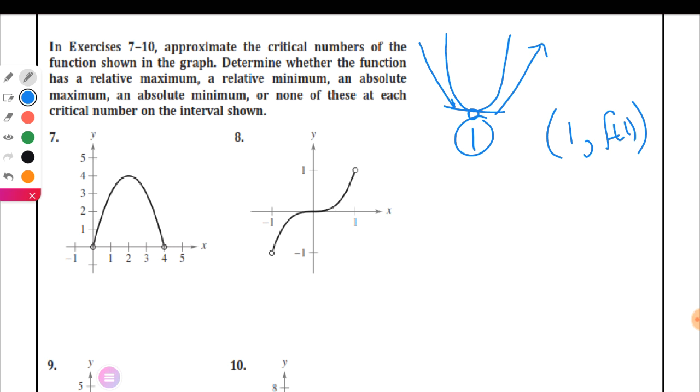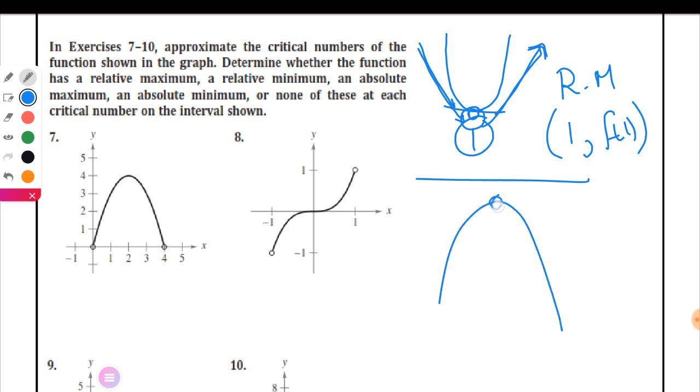At any critical number, we have an extremum if the behavior of the function changes. That is a relative minimum. The function decreases until it reaches the least value, then becomes increasing again. Now at this critical number x equals a, the graph has a horizontal tangent.